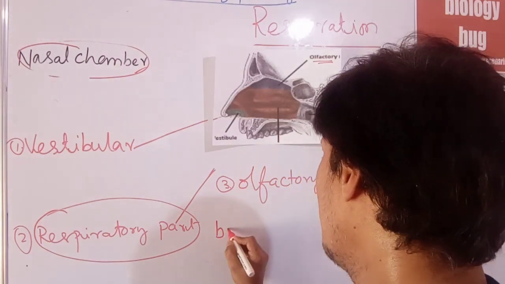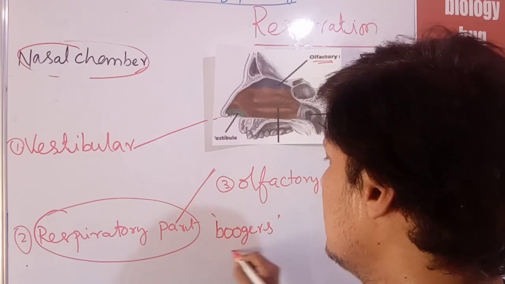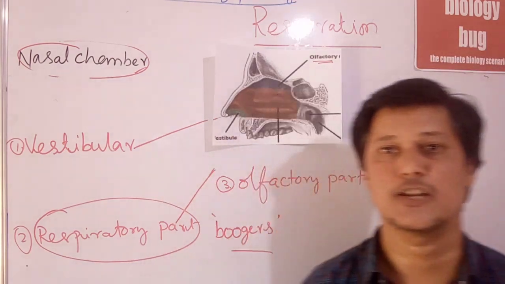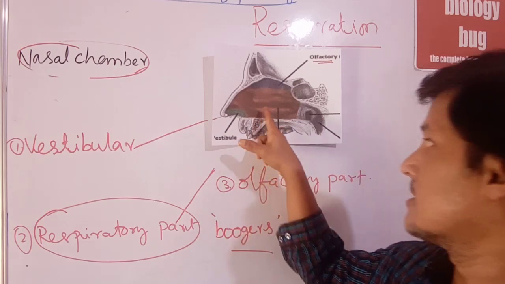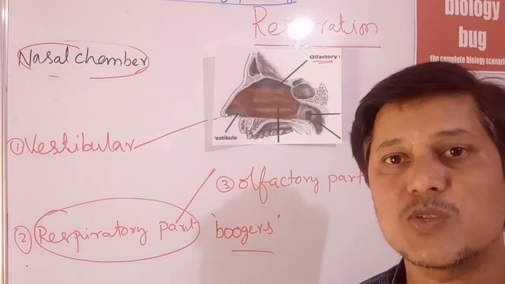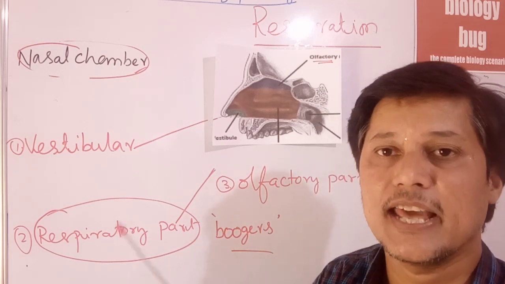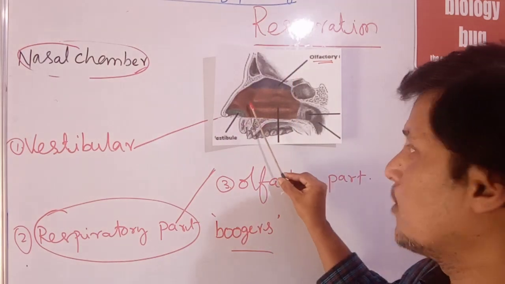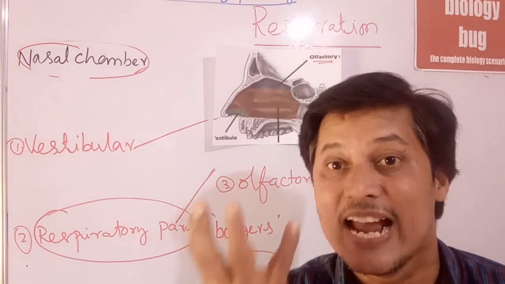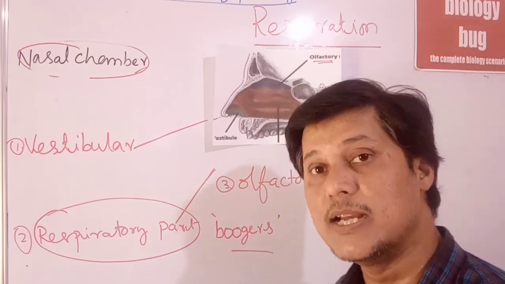Those are called boogers. So the respiratory part is lined by mucous membrane, which secretes mucus. Whenever inhaled air passes over it, mucus traps the dust particles and forms boogers.